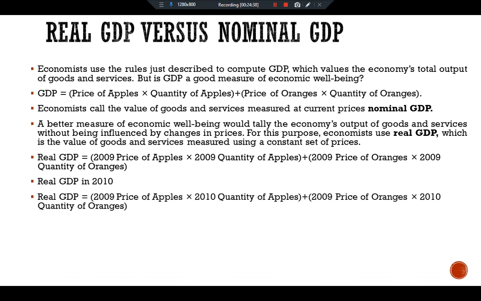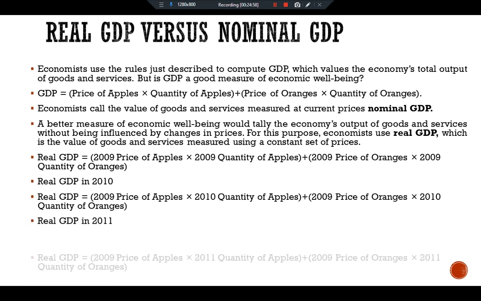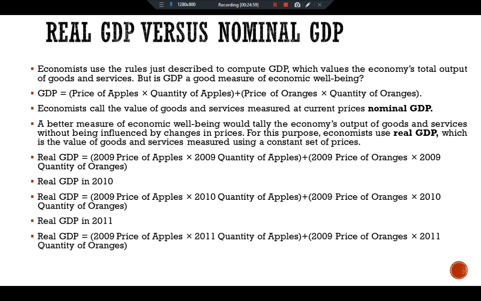Real GDP for 2010 becomes the price of apples in 2009 multiplied by the quantity of apples in 2010, plus the price of oranges in 2009 multiplied by the quantity of oranges in 2010. Likewise, real GDP in 2011 is the price of apples in 2009 multiplied by the quantity of apples in 2011, plus the price of oranges in 2009 multiplied by the quantity of oranges in 2011.